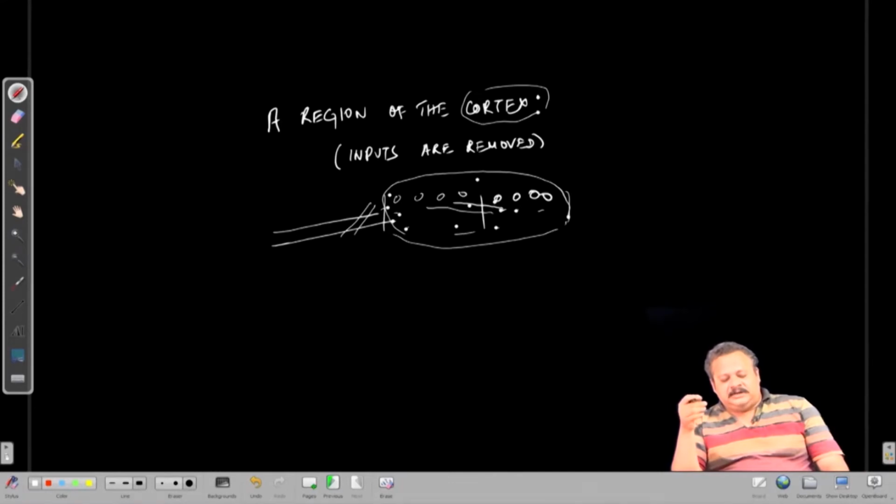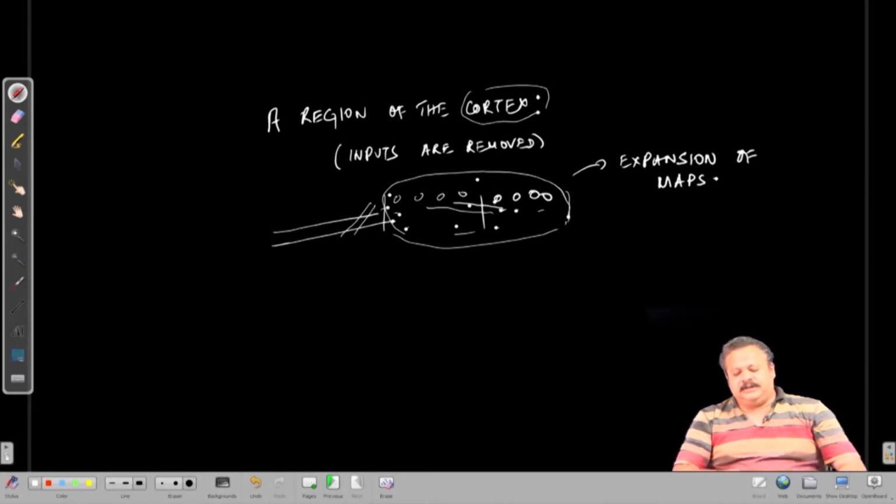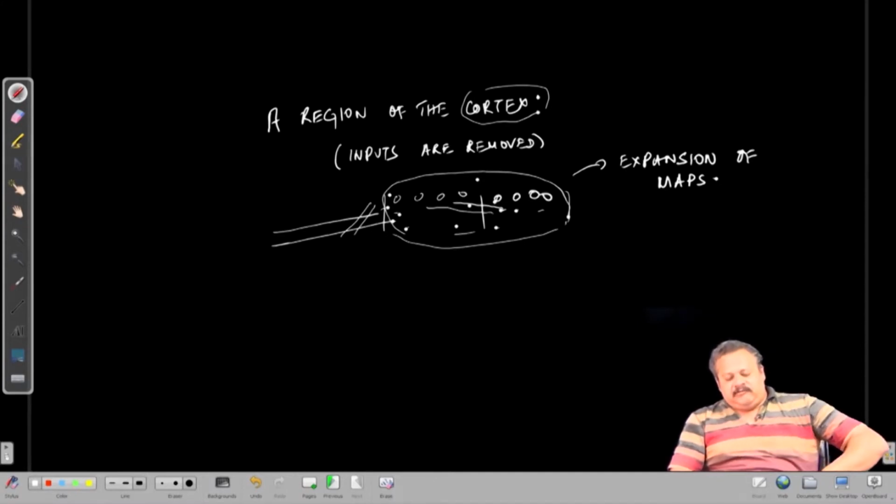This kind of plasticity is structural and is also sometimes called expansion of maps.